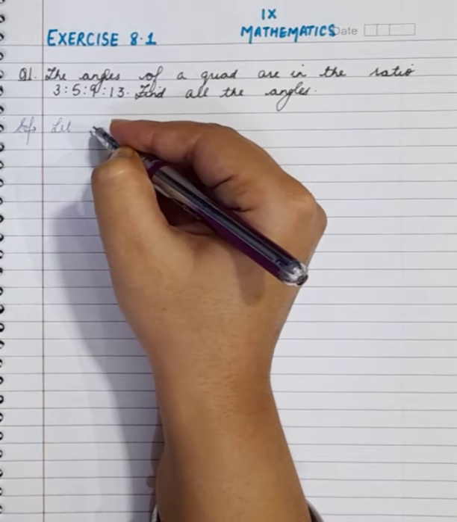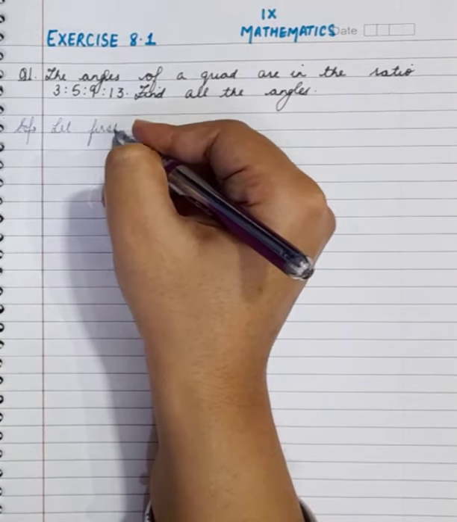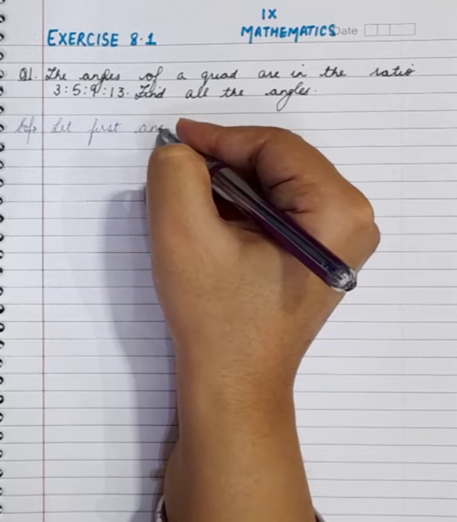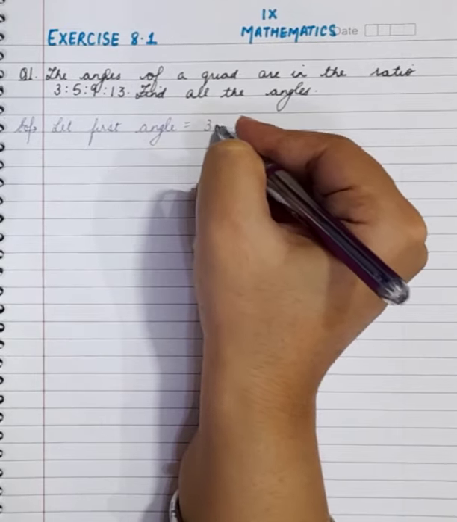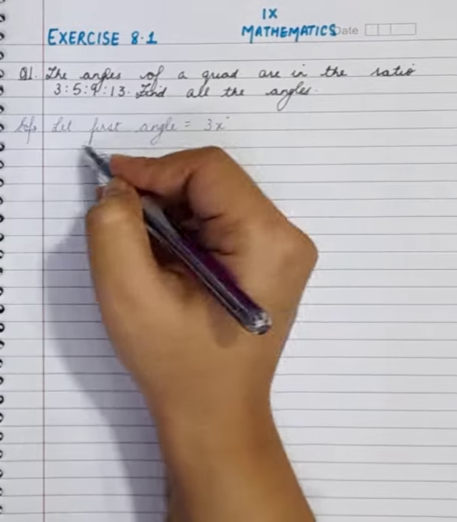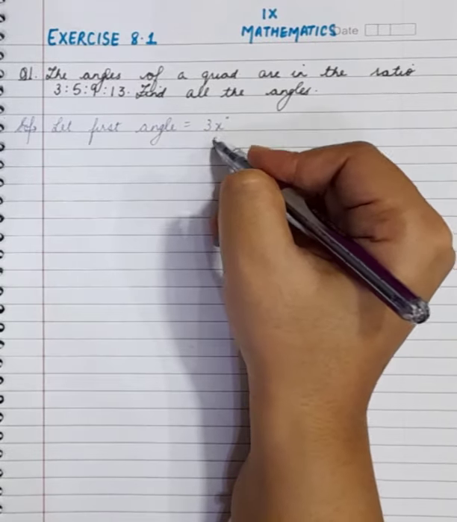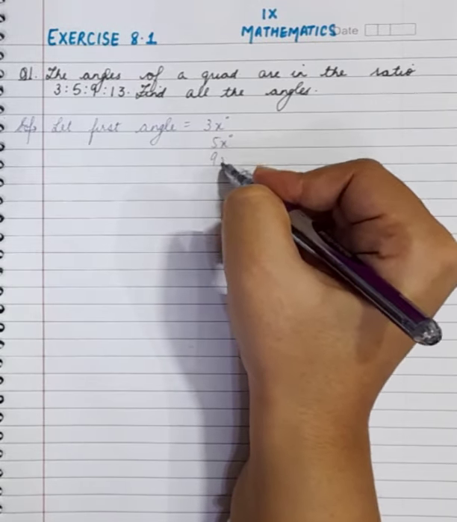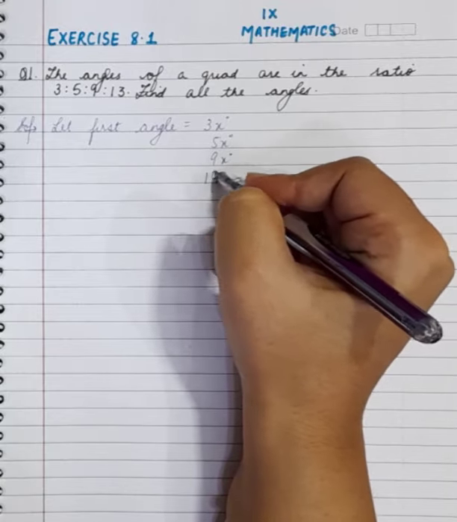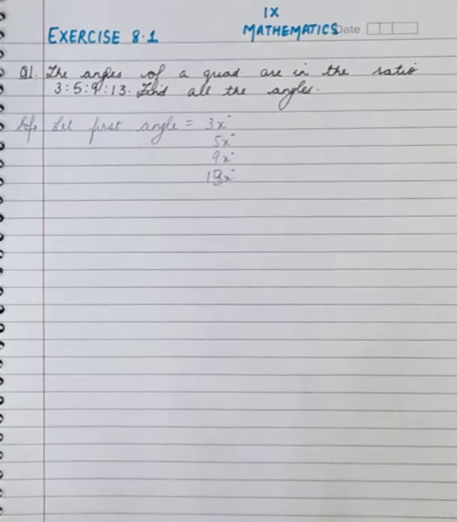So let the first angle of the quadrilateral be 3x. Let the second angle be 5x, third be 9x, and fourth be 13x degrees.